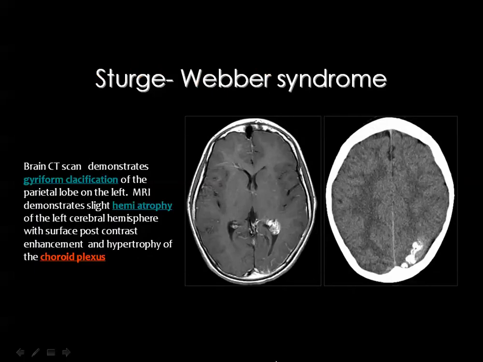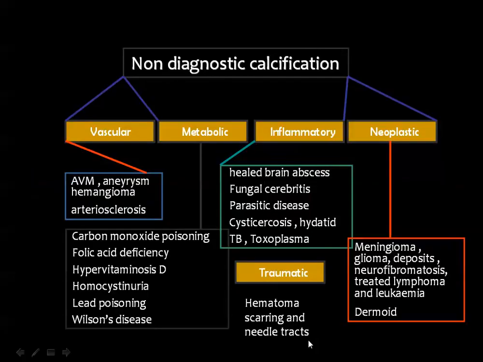And this is also a case of Sturge-Weber showing by CT cortical gyral calcifications. On the MRI T1 post contrast, you can see a relative loss of volume of this part of the brain, enhancement along the surface of the brain, and hypertrophy or enlargement of the choroid plexus.